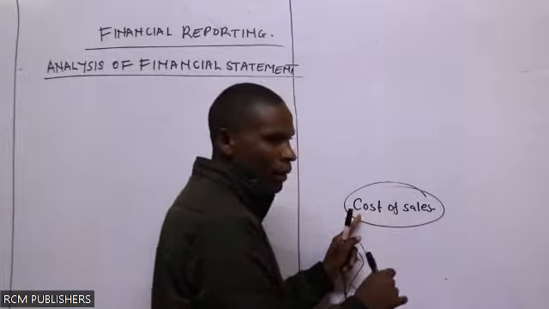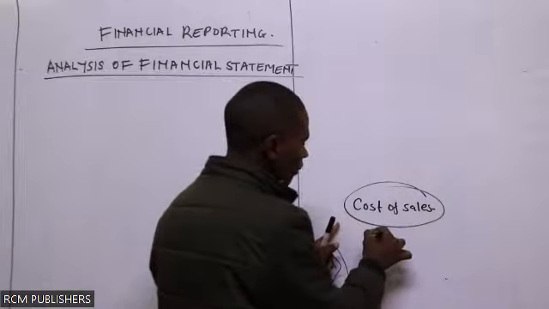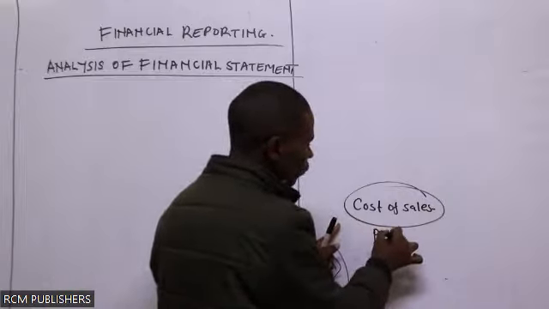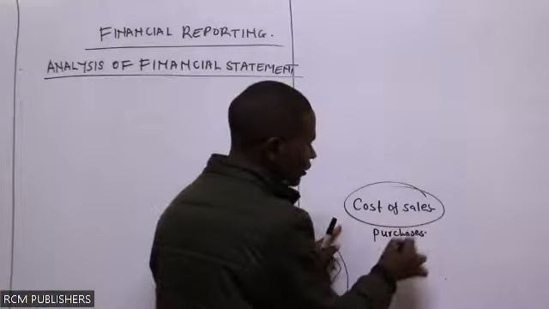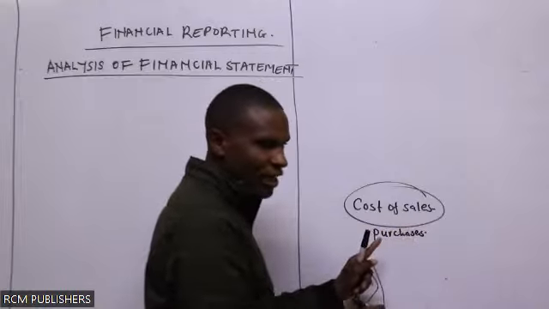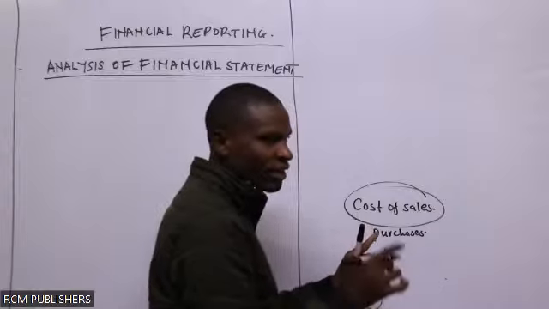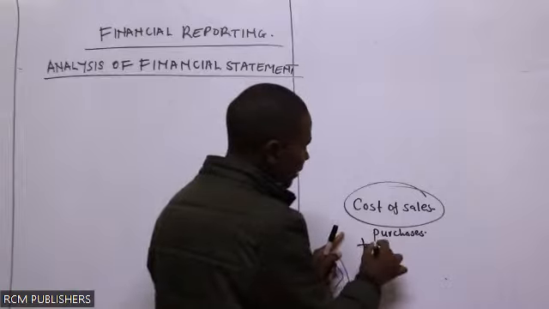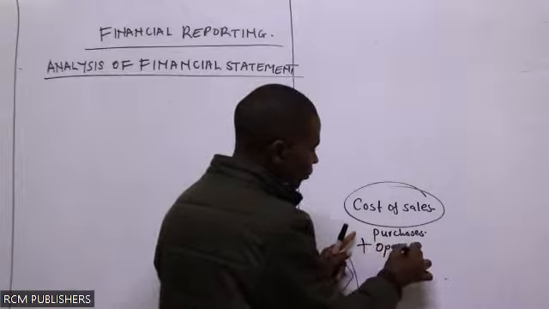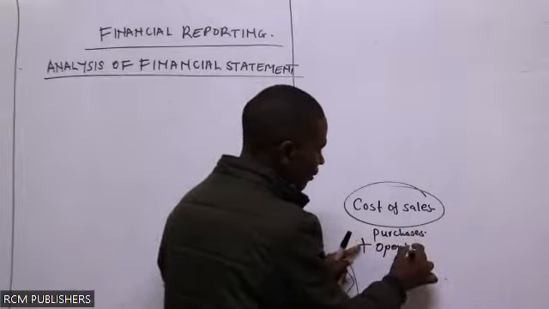Whereby we take our purchases, we add opening inventory, right? We add opening inventory to get our cost of sale, and then we less what?